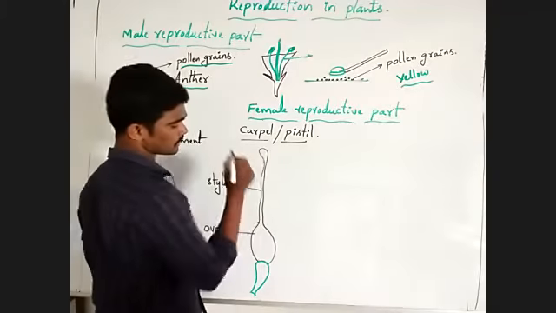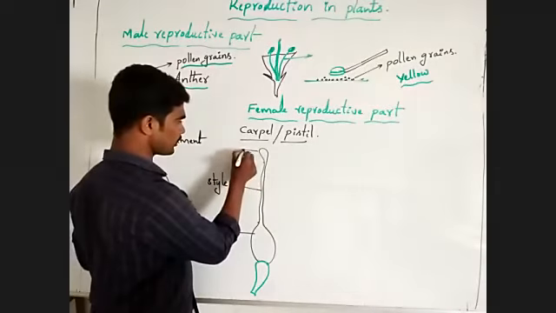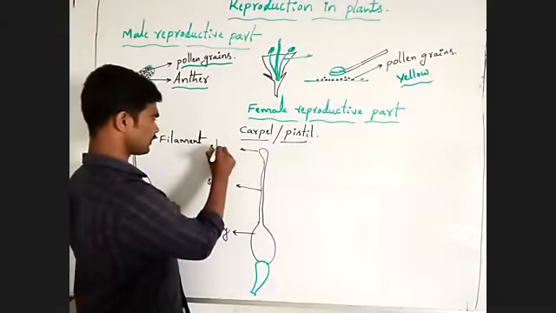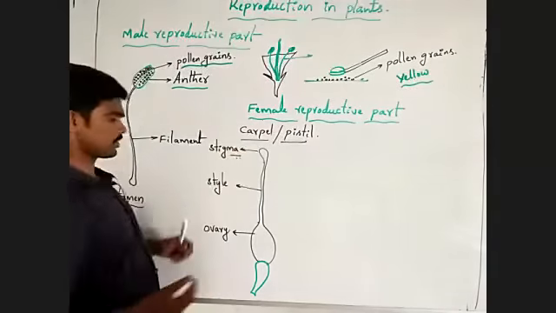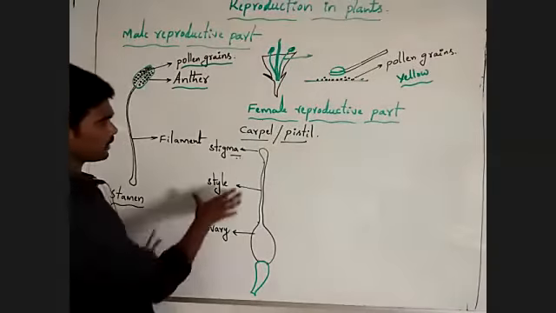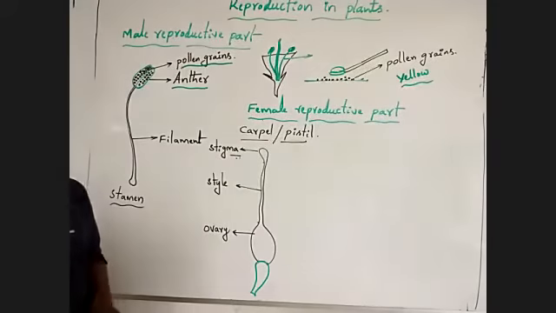Another knob-like structure present at the tip is called the stigma. These are the main important parts in the carpel.